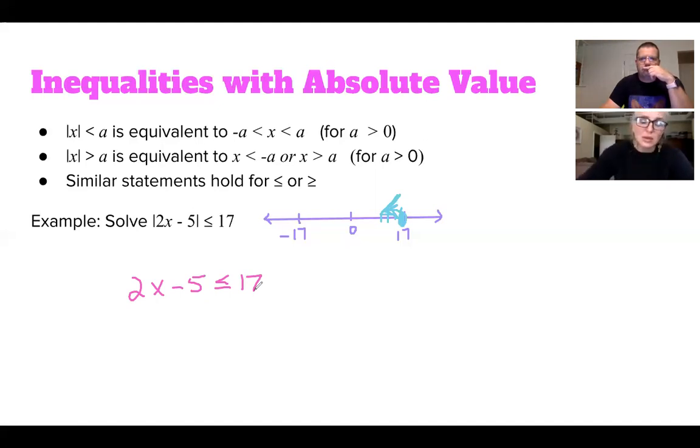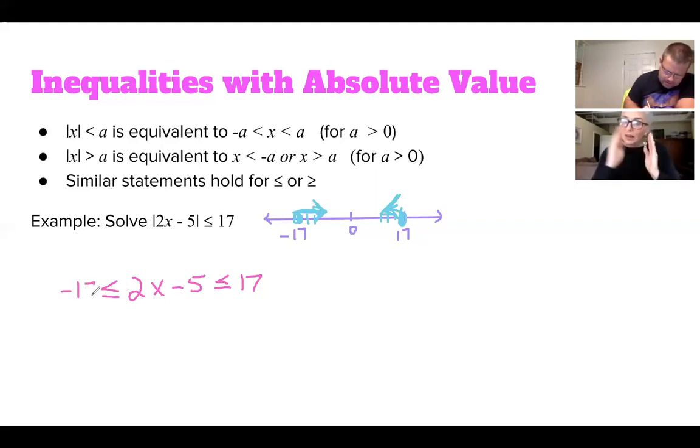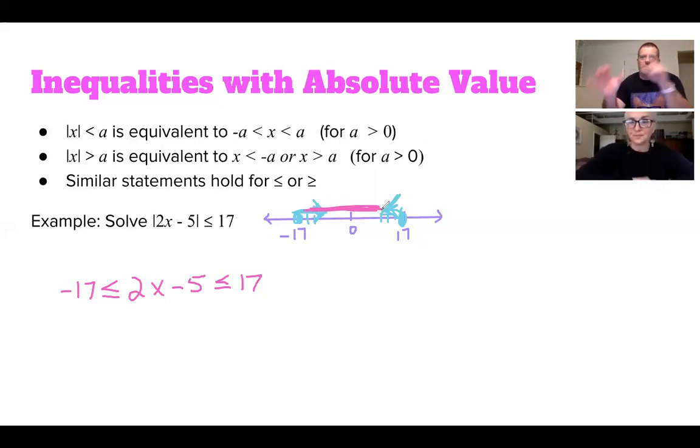This is where we have to be careful, because if we're thinking about a distance less than 17 here, negative 16 is less, negative 15 is less. But if I go outside of it, like to negative 18, then all of a sudden I've gone a distance greater than 17, and I'm trying to keep it less than, which means the other inequality needs to be greater than negative 17. So you're not just going to find that you have a negative in this case, but also that your inequality flips. So we want to be locked in between negative 17 and 17.